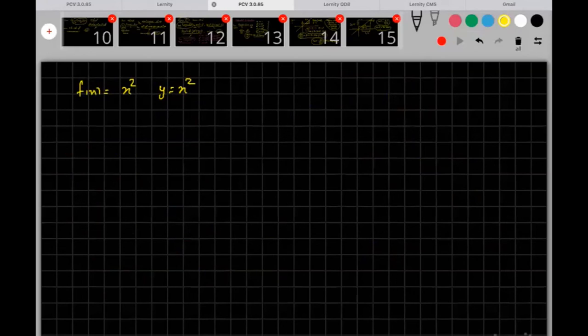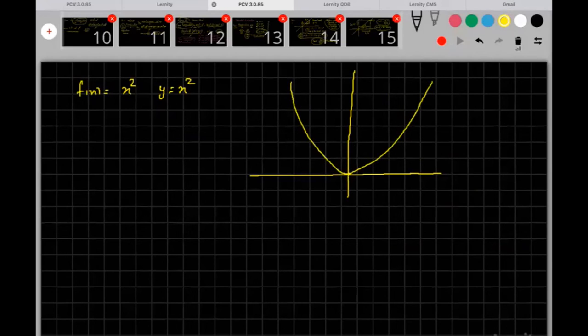First, how will this graph look here? So y is equal to x square. Do you understand that here it will look like this, and when it comes to minus x also it will look like this. So do you understand that the domain is x belongs to R, but the range y belongs to R plus? Range is the value that y can take for the values of x.